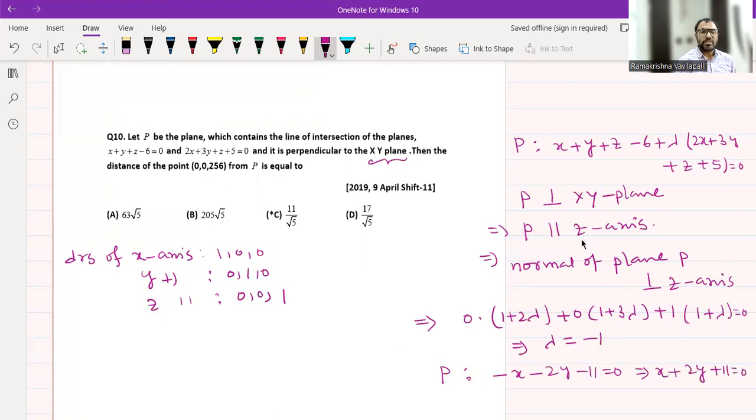Then the distance of the point (0, 0, 256) from this plane: here the z coordinate is 256, but in the plane there is no z. So directly you can write modulus of 11 by root 5. That's it.